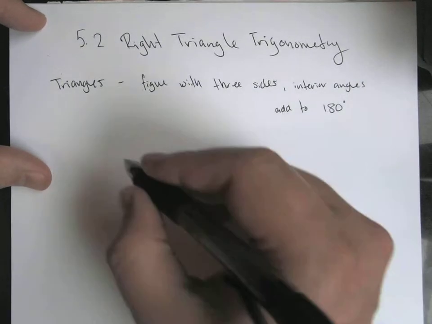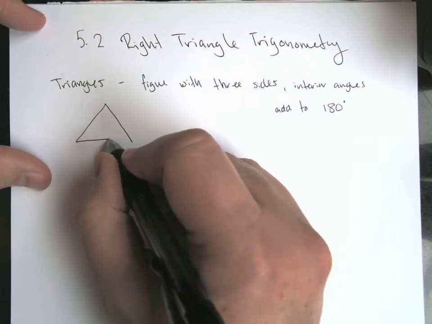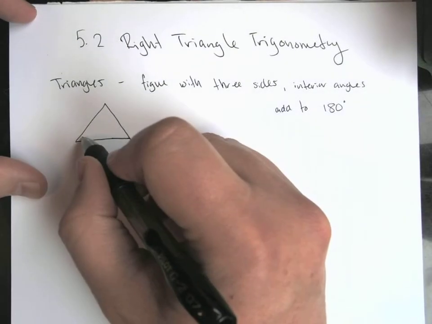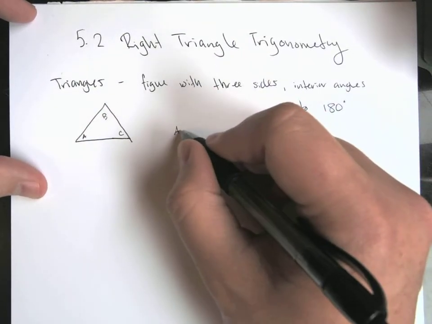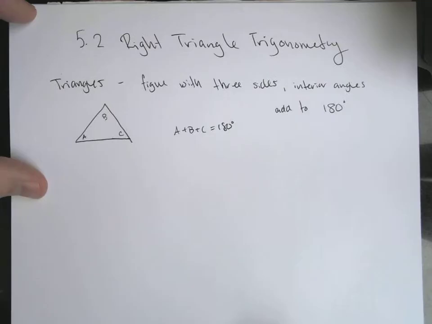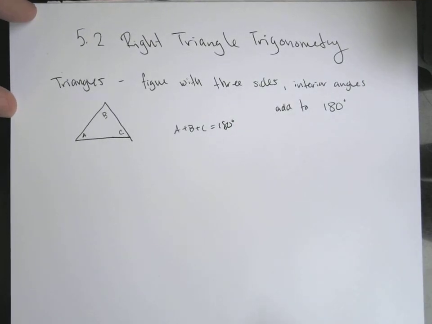So all the angles on the inside, if I just draw any triangle, the angles on the inside, kind of A, B, C, A plus B plus C, they're all going to add up to 180. If we were measuring in radians, well then they would add up to pi in radians.